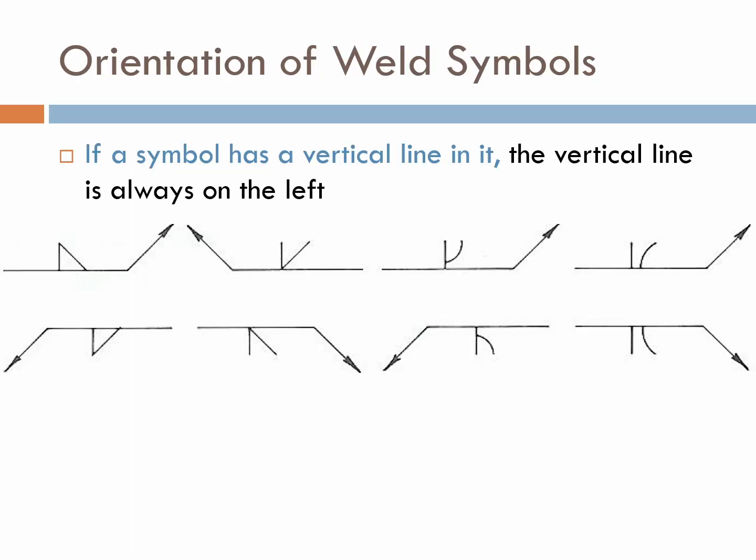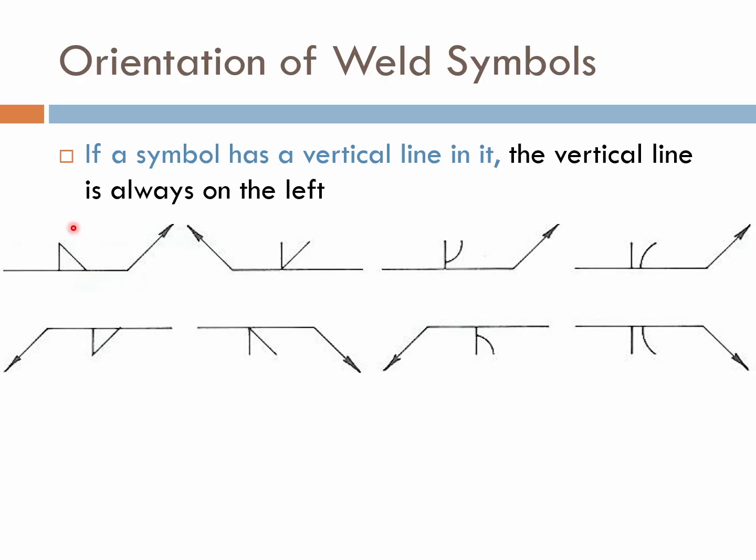All right, orientation of the weld symbols. Okay, if a weld symbol has a vertical line in it, the vertical line is always to the left. So no matter which way your reference line is going, left to right or right to left, your vertical, like for a fillet weld, the vertical line will always be on the left here.